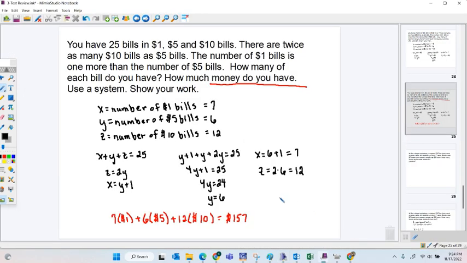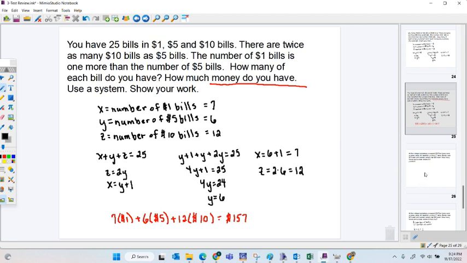Just like we got here, 7, 6, and 12. Okay? All right, so the key thing to using the matrix is to move it all over so that you've got all the variables on one side and all the numbers that have no variables, all the constants, on the other side.